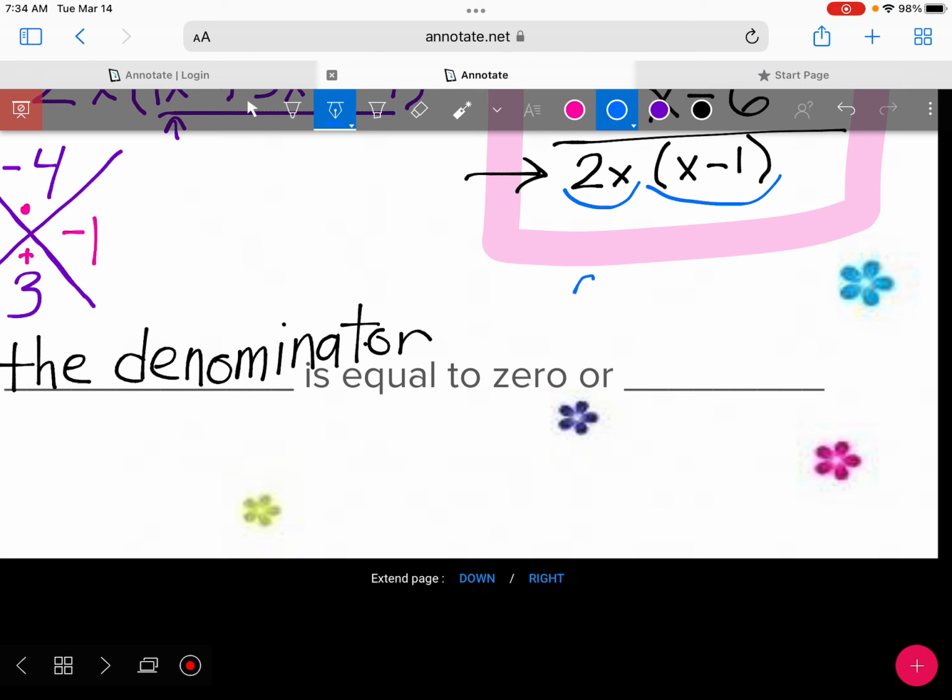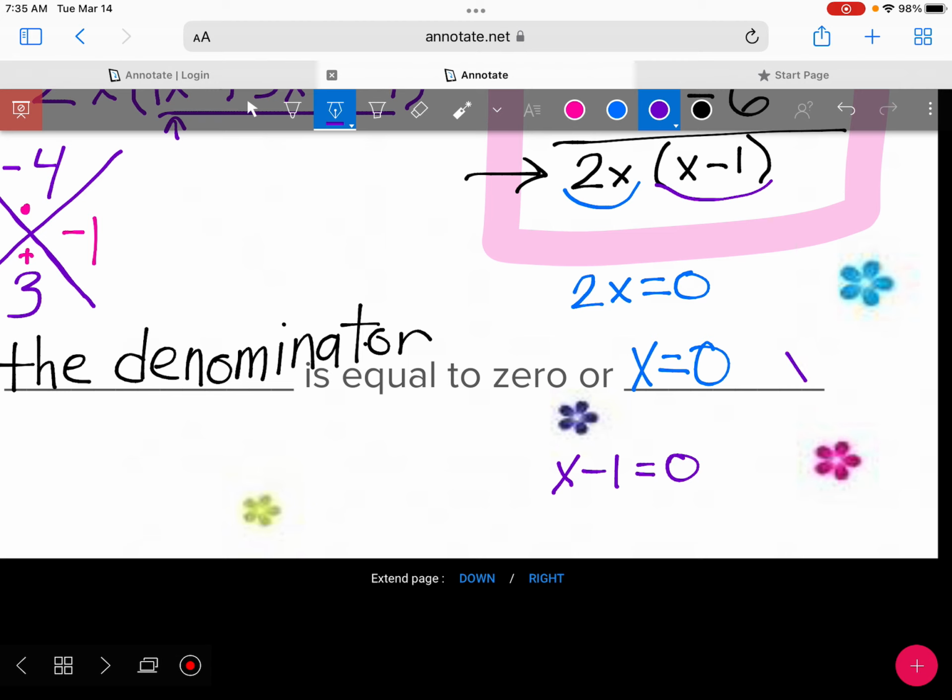So what we do is we say, when does 2x equal 0? When x equals what? 0. And then when does this piece equal 0? When does x minus 1 equal 0?